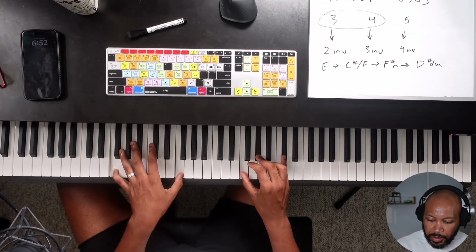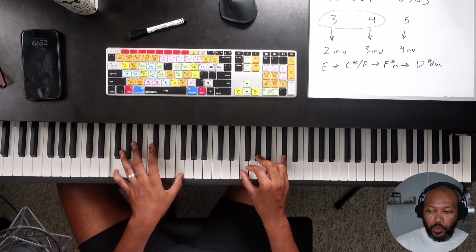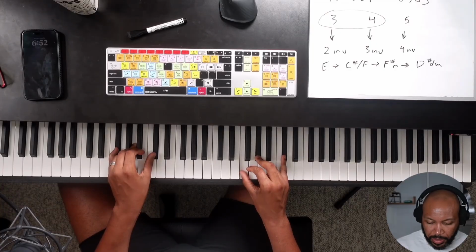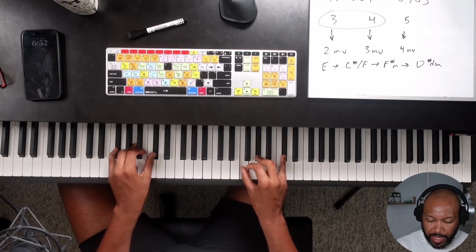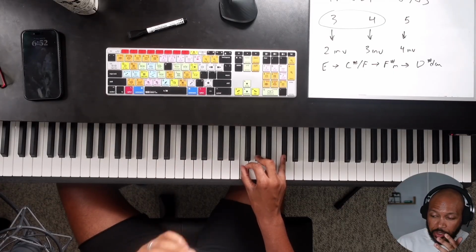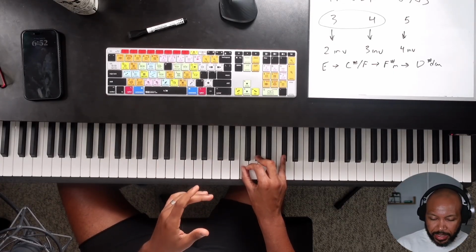Now, from here, let's look at what we do next. We can do the same thing. I am doing it here, but what's noteworthy is to go to F sharp next.